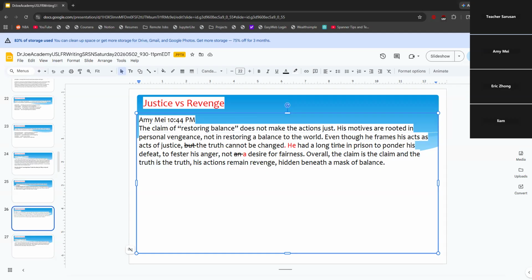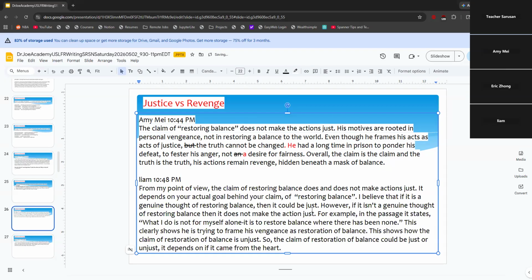And for the most part, solid answer. We do talk about how his motives are very personal, about revenge. I think if we can break this down a little bit deeper, that would be good. This is a pretty important detail to add, so we should be able to back it up a little bit deeper. Let's see our next answer. Liam, can you read your answer, please?